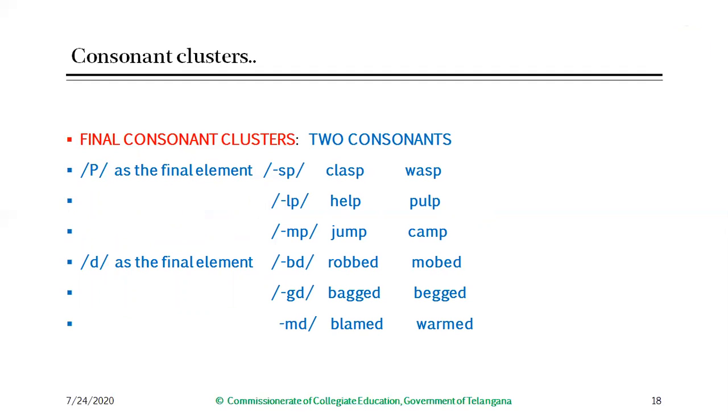Now let's look at the final consonant clusters. It means the clusters are taken at the end of the syllables. For example, pa as a final element: sp, clasp, wasp, help, pulp, jump, camp.